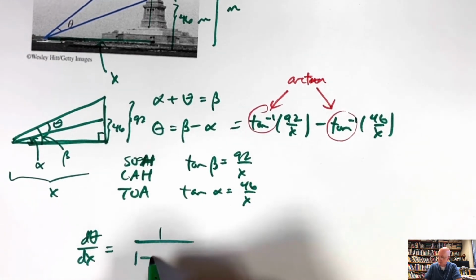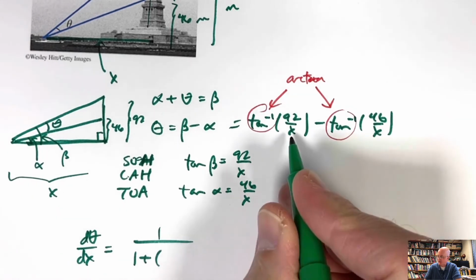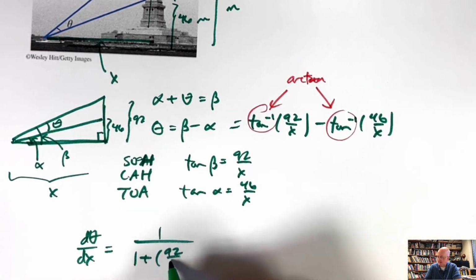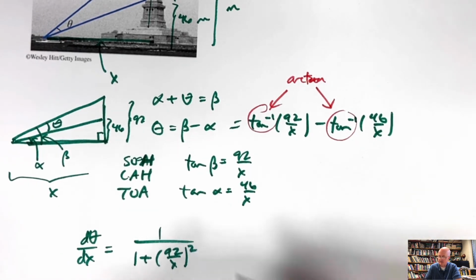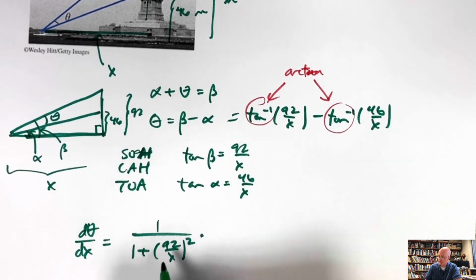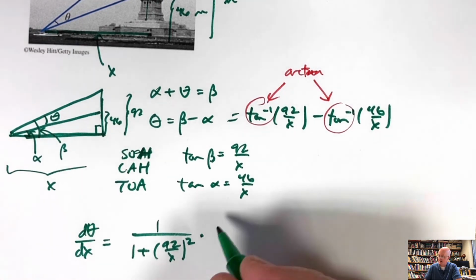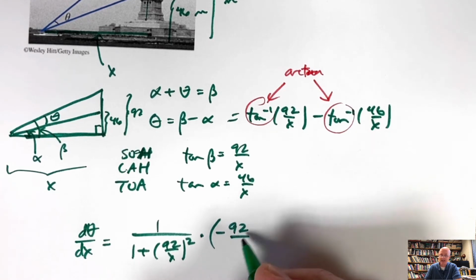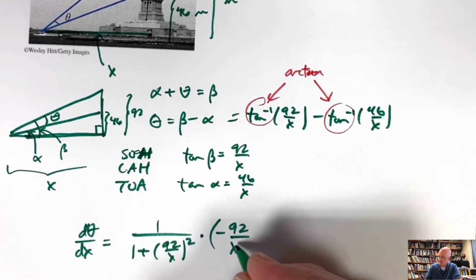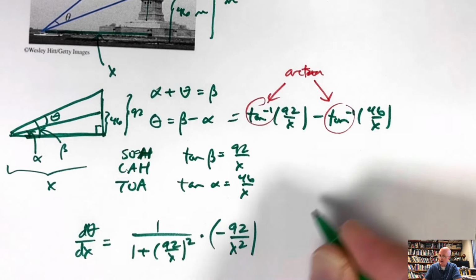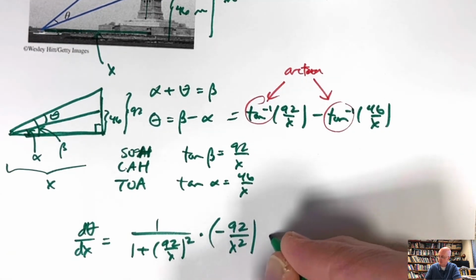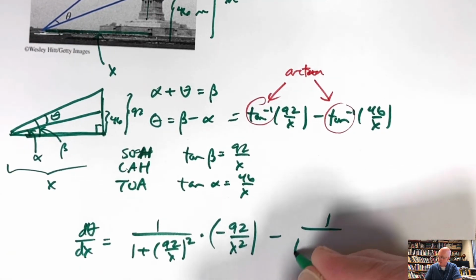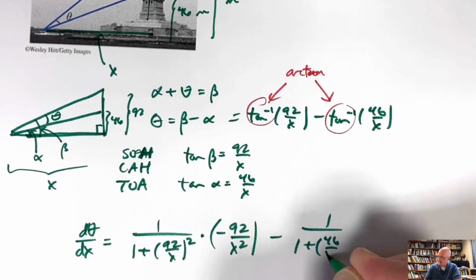I also need the chain rule, so with differentiating this, I plug in the inside function 92 over x in place of x, and I square that, but then also multiply times the derivative of the inside function. 92 over x is the same as 92 times x to the negative 1. The negative sign would go down. You'd also get an x to the negative 2, which is the same as dividing by x to the positive 2. And the derivative of this one's going to be pretty similar, like this.